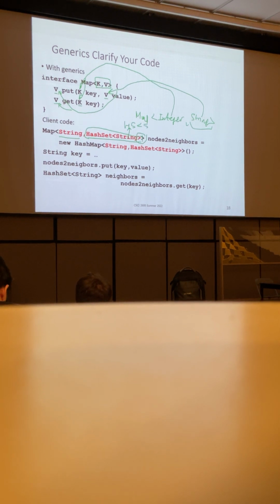HashSet in turn is a collection, so we want elements of this collection to be strings. What if we wanted values to be a HashSet of HashSets of Strings? That would still be possible, right? It's just that instead of this String here, you would put a HashSet of String, and you would have, in total, 3 closing angle brackets.